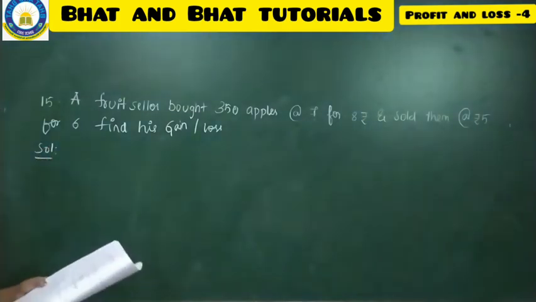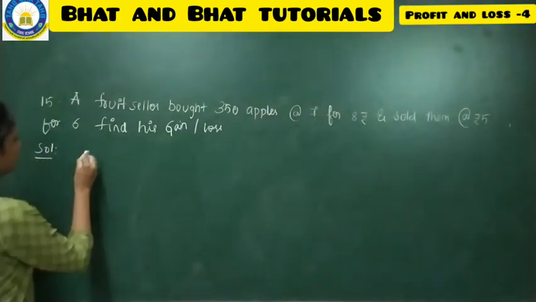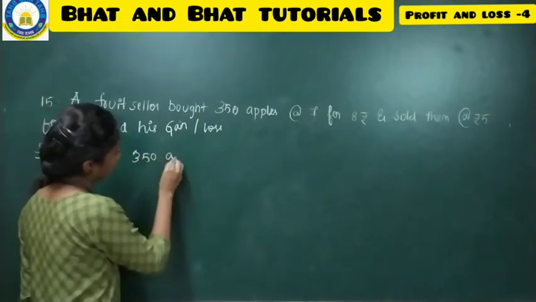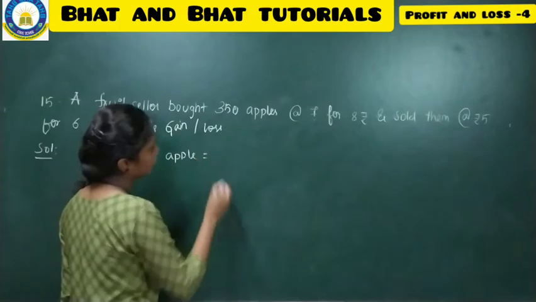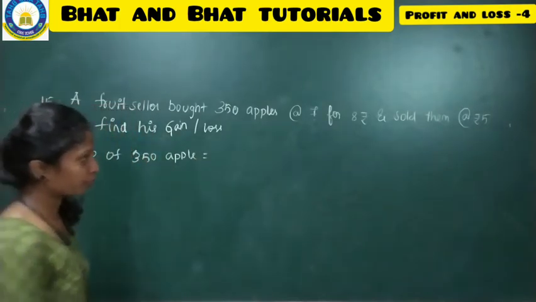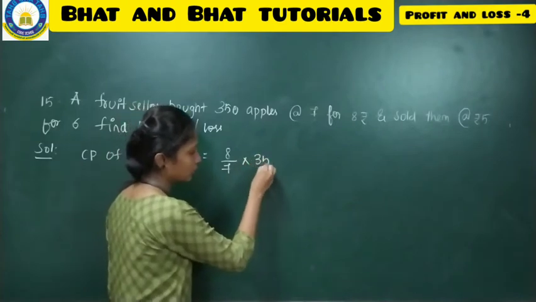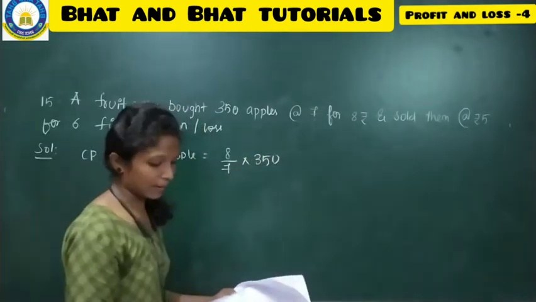Understand the question first. CP of 350 apples: 8 rupees for 7 apples, and he is getting 350 apples.